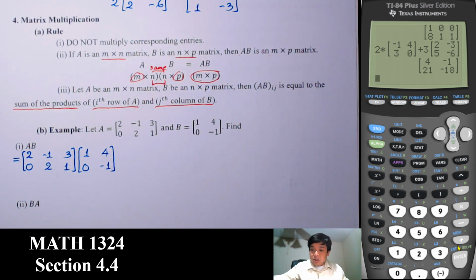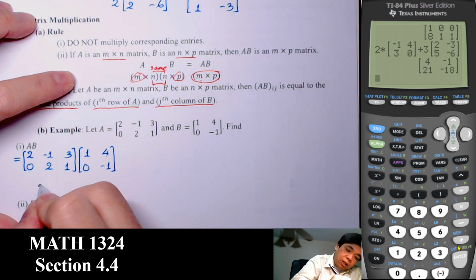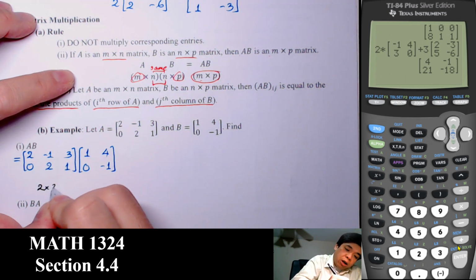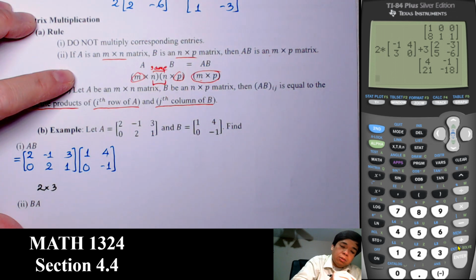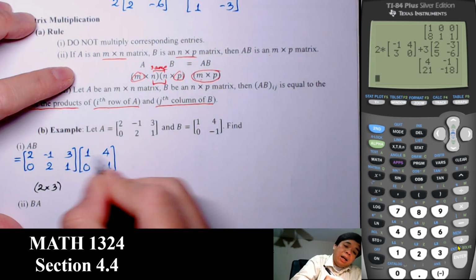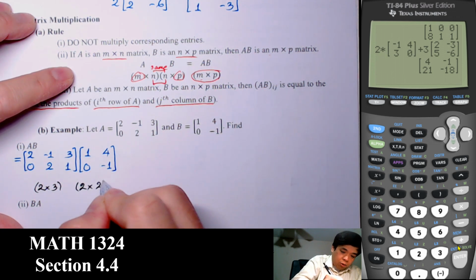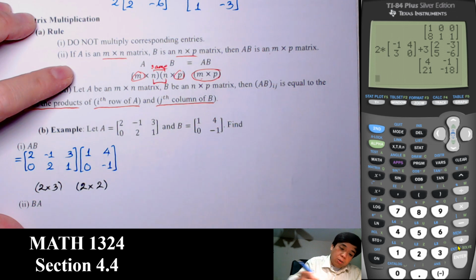Let's check the dimension. A is 2 by 3, 2 rows, 3 columns. And B is 2 by 2. So first thing we do, of course, is check the middle numbers.